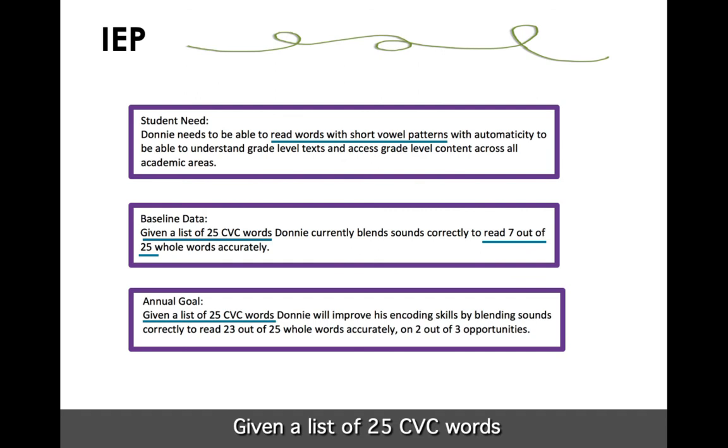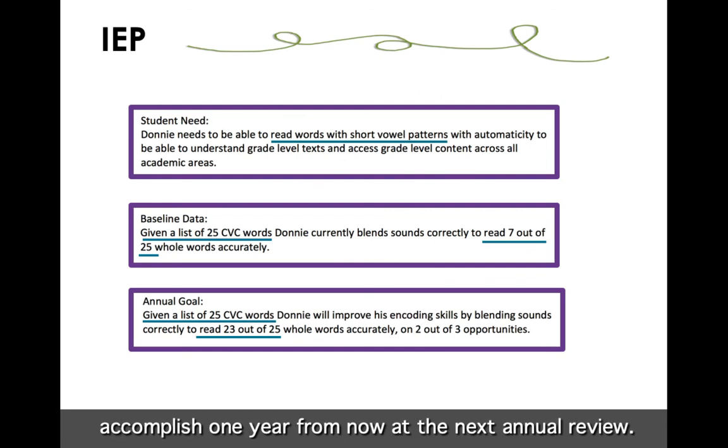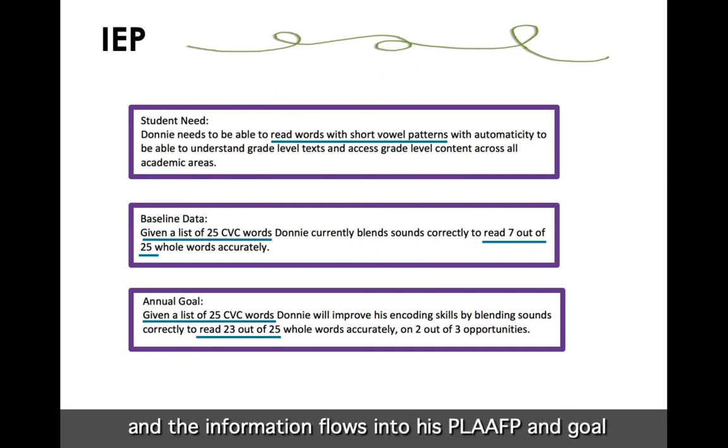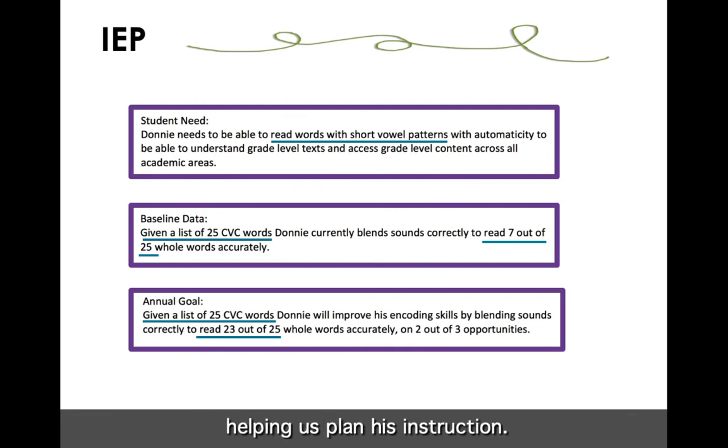Given a list of 25 CVC words, Donnie will improve his encoding skills by blending sounds correctly to read 23 out of 25 whole words accurately on 2 out of 3 opportunities. 23 out of 25 is how much of the skill we hope Donnie will accomplish 1 year from now at the next annual review. Donnie's thread is evident in his eligibility report, and the information flows into his PLAFP and goal, helping us plan his instruction.